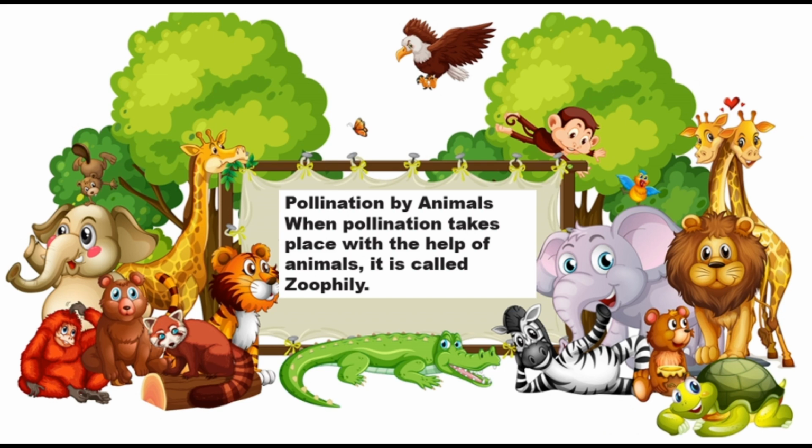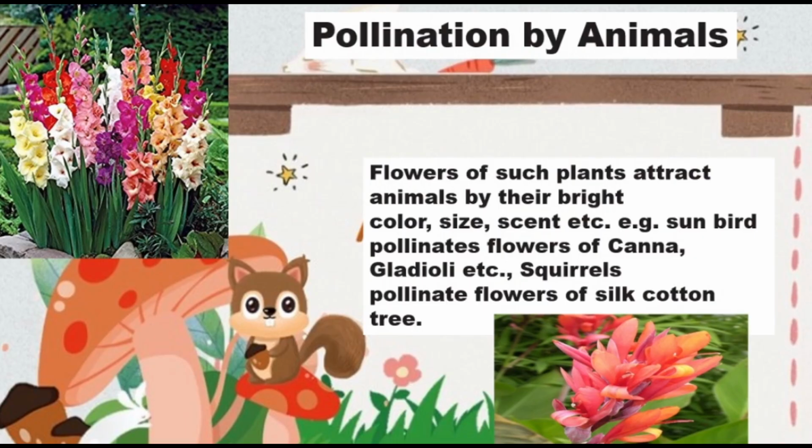Pollination by animals. When the pollination takes place with the help of animals, it is called zoophily. So some of the animals help pollination. Pollination may be carried out by the wind or insects or by animals. How does it happen? Such flowers attract the animals by brightly colored petals, scent, or a good smell.